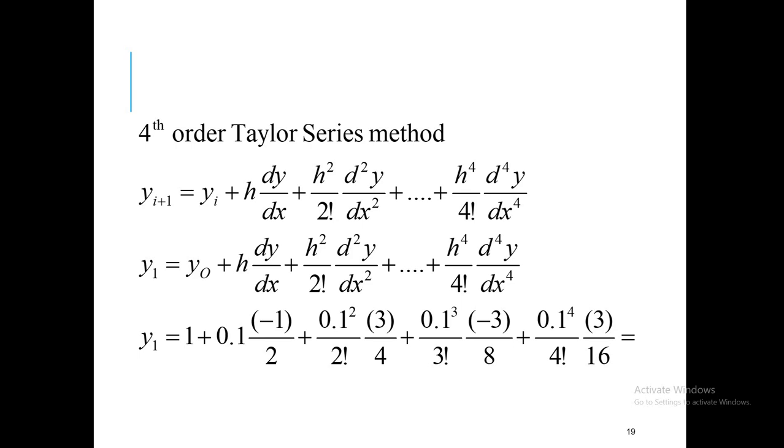So we just substitute those values. y1 is equal to y0, which was 1, plus our step size 0.1 times negative half, plus 0.1 over 2 factorial times 3 over 4, plus 0.1 over 3 factorial times negative 3 over 8, plus 0.1 over 4 factorial times 3 over 16.